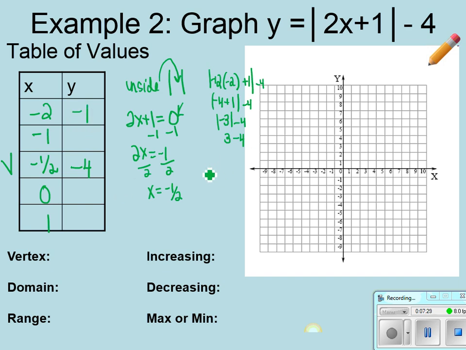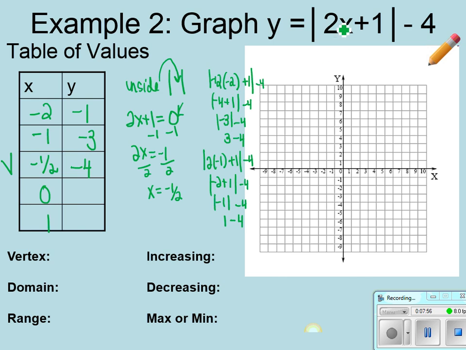All right, let's do negative 1. So 2 times negative 1 plus 1, absolute value of that minus 4. Negative 2 plus 1 is negative 1. The absolute value of that is 1, and then minus the 4 would be negative 3.